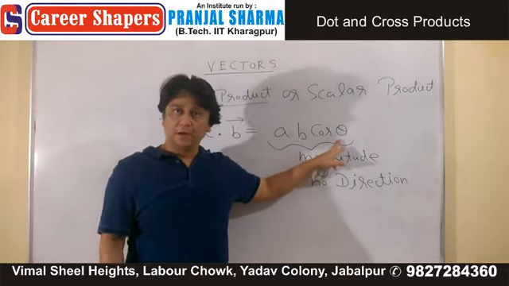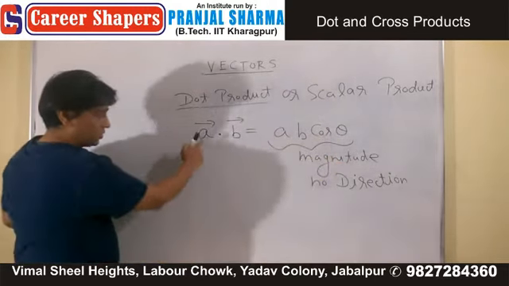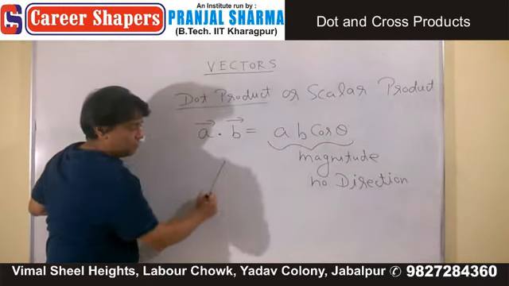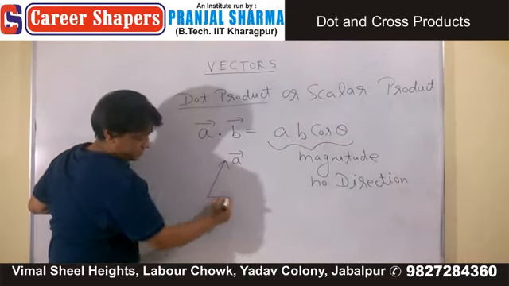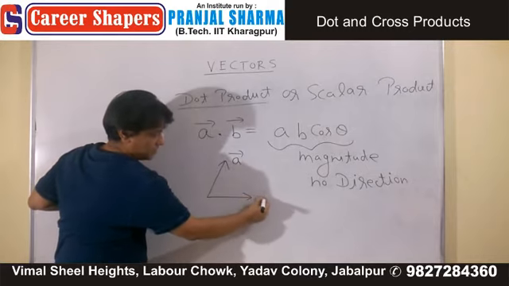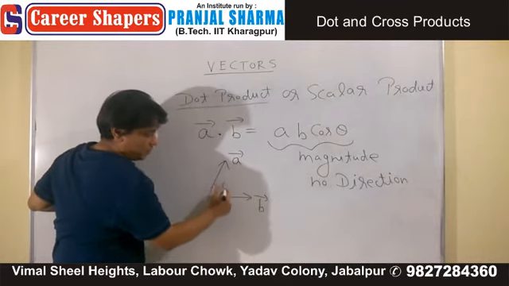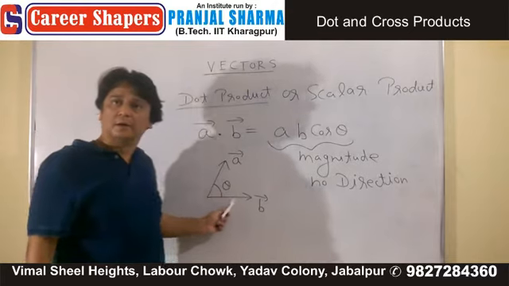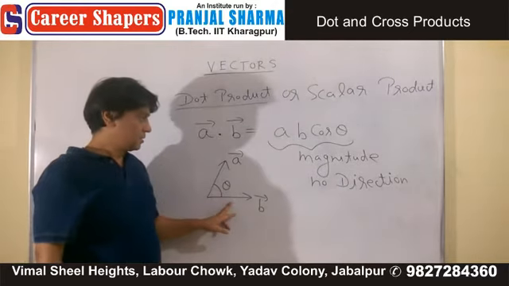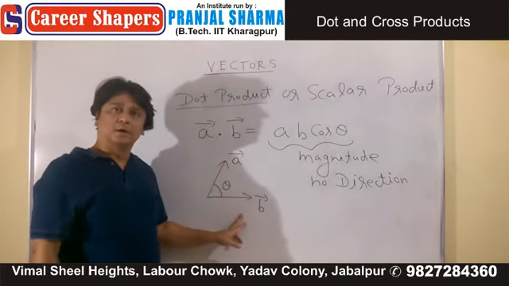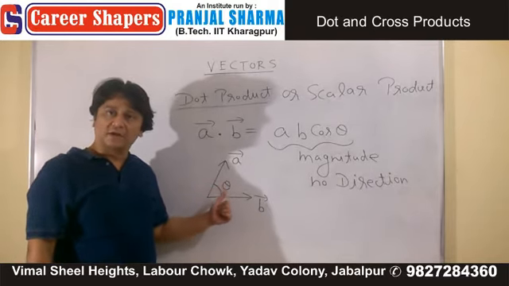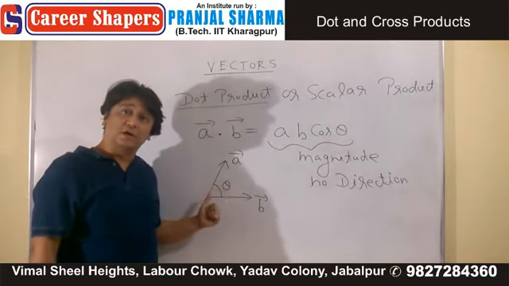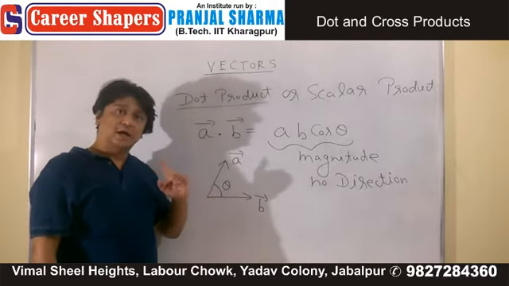What is theta? If we are being given two vectors A and B, the angle between the vectors is theta. This is that theta. Now, they may not give you vectors already joined with their tails.